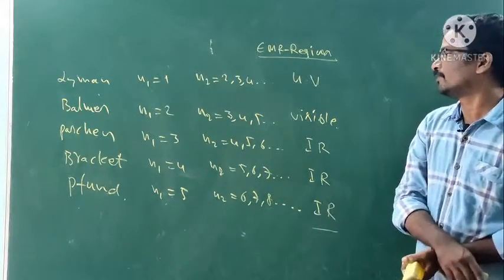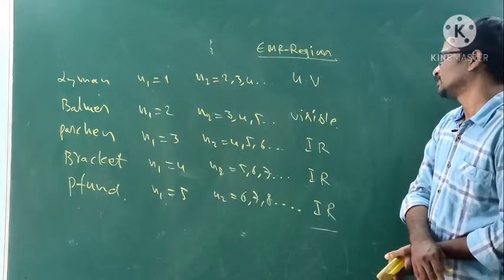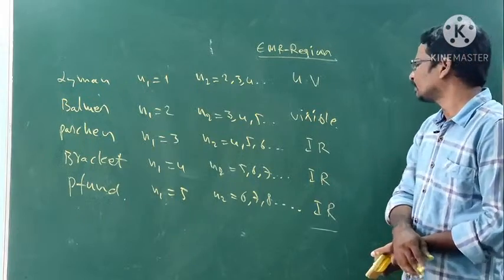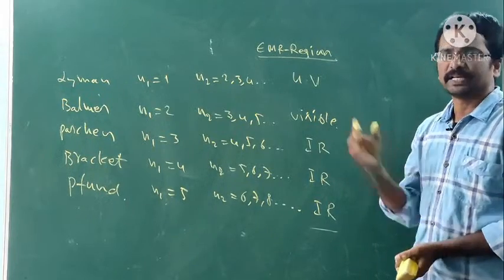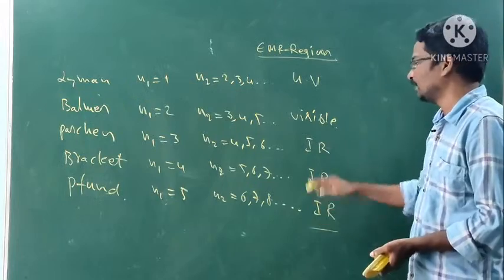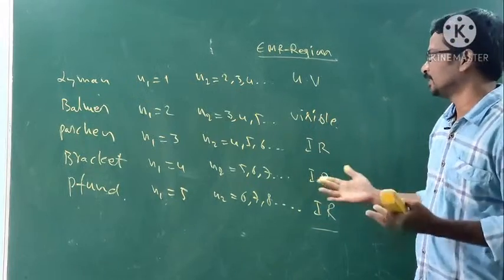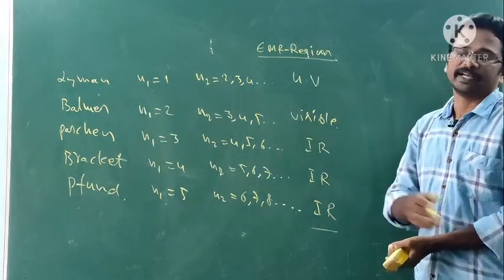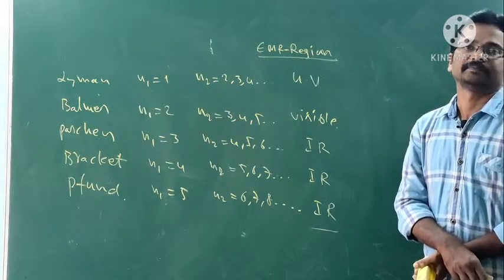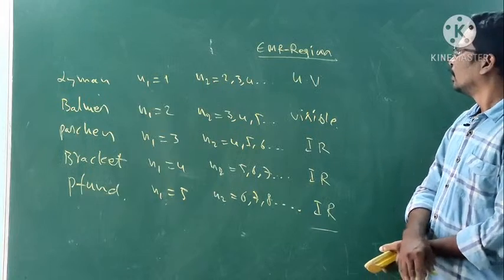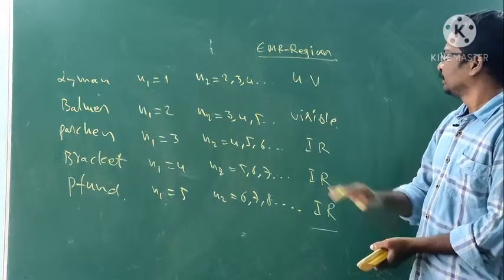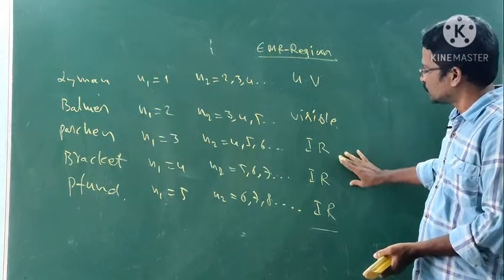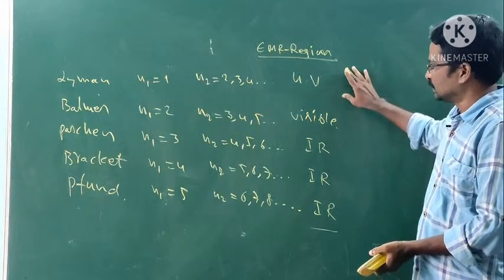Next scientist, Pfund, came into the light and did the experiment by passing IR radiation into the sample. Then he got the lines. He has explained the electromagnetic radiation, electromagnetic spectrum.